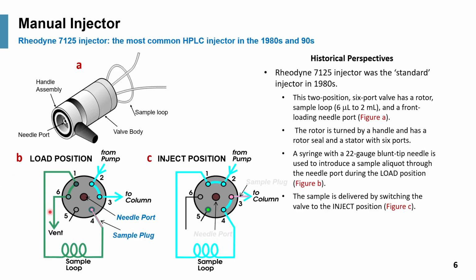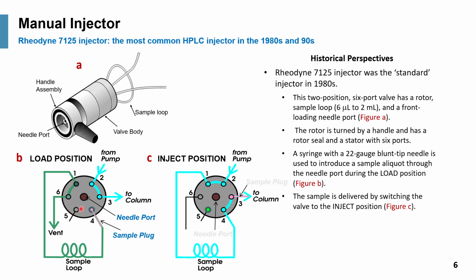Here is the schematic. In the load position, you can see the 6 ports, right? Typically for this valve, we connect pump to port 2, column to port 3. The sample loop is connected to 1 and 4. So you have a choice of different sample loop sizes from 6 microliter to 2 mL. And then 5 and 6 are actually air vents.